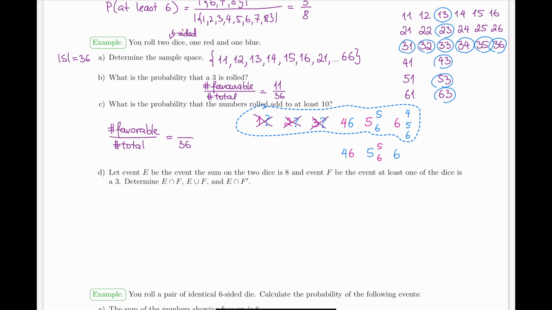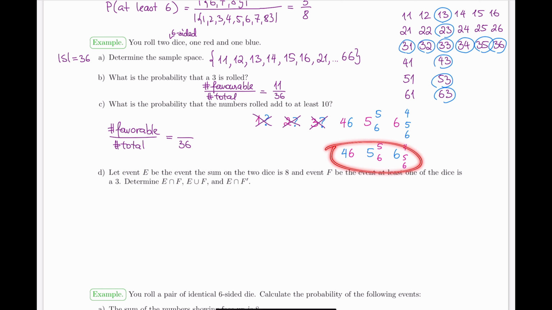Let me give a little bit of room to myself here. Notice that every possibility here already occurs here. So for example, 4 in blue, 6 in red is actually this option right here. 4 on blue, 6 on red. So I don't have to redo all of this work. All of these already occur as options over there.